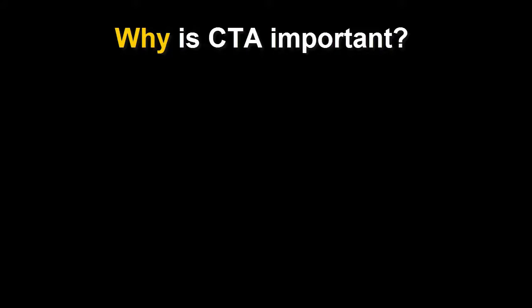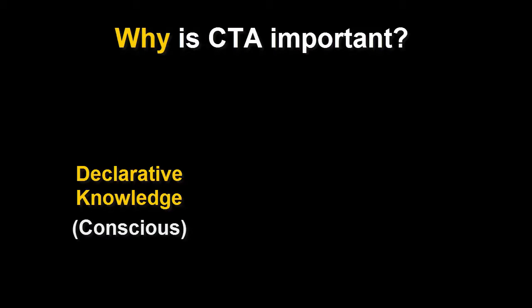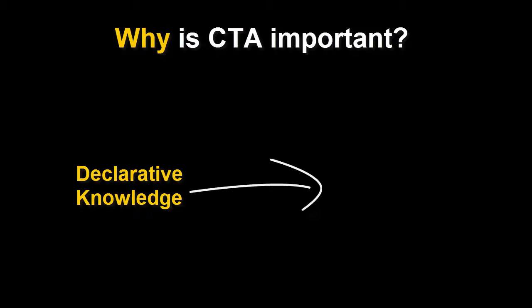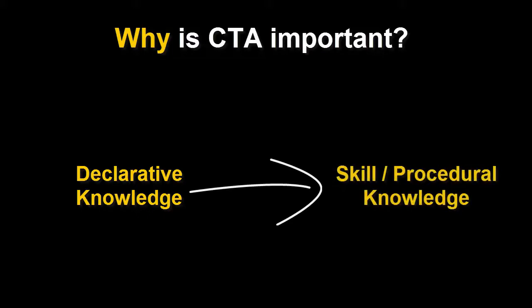So it might be said that all knowledge really starts as declarative knowledge. A simple definition of declarative knowledge may be that it's knowledge that is conscious, knowledge that you can say or tell somebody. So all knowledge really starts as declarative knowledge. And in fact, all skill starts with declarative knowledge as well. Skill or procedural knowledge then could be application or doing something.